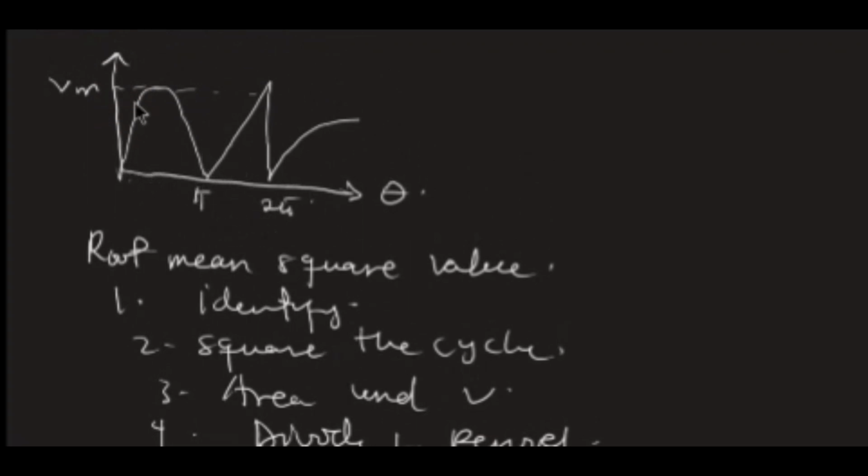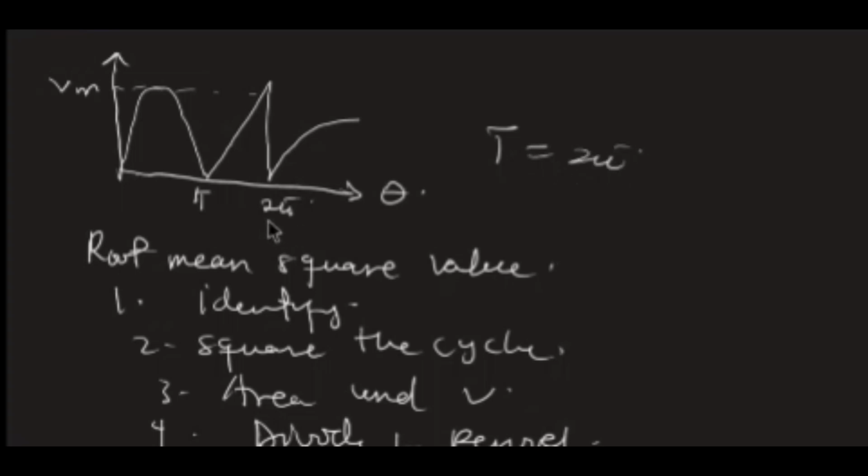Now this part is a sinusoidal part, which is a half sinusoidal part. This part is a triangular, then it repeats. We can see that our period T for this part alone is equal to what? Pi. But the period for the entire cycle is what? Equal to 2 pi, right?